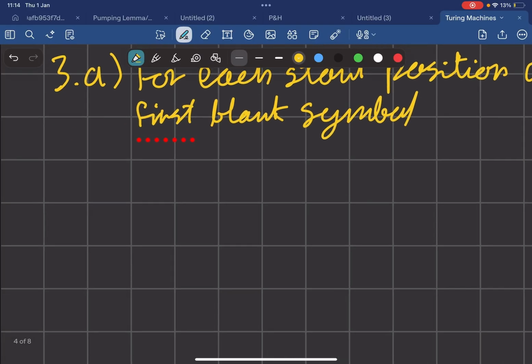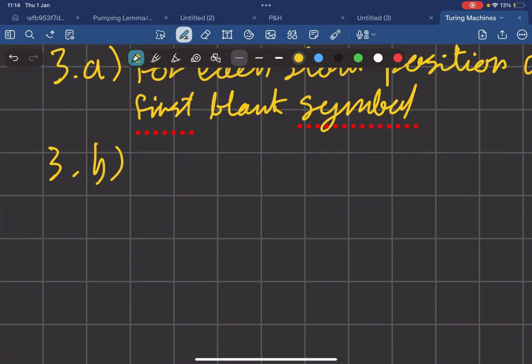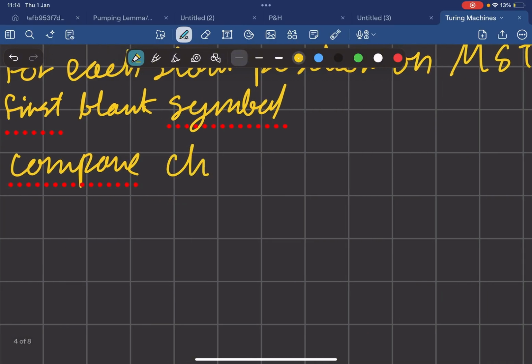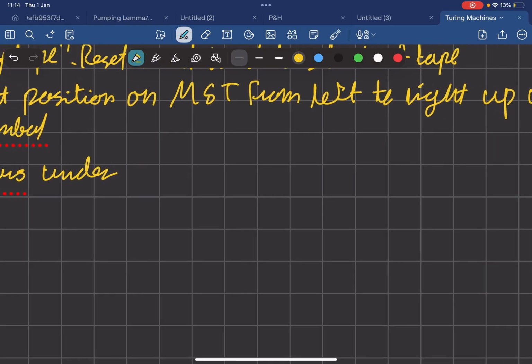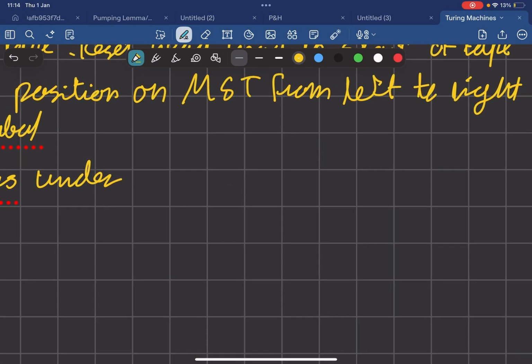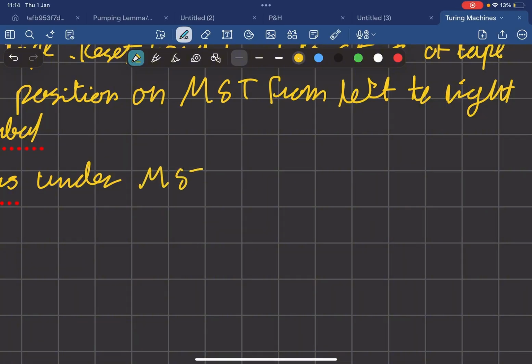So what we want to do is compare the characters under the read heads of both the main string tape and the substring one. So MST and substring tape read heads.